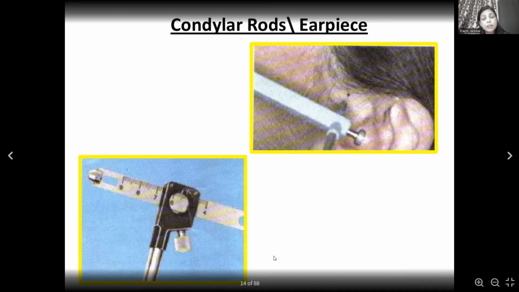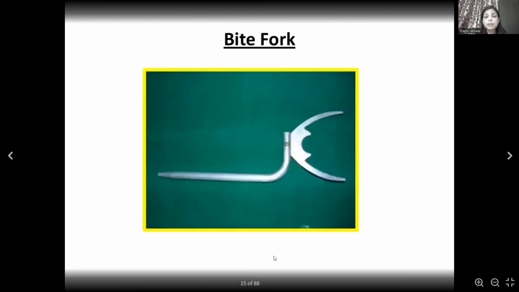We mark a point like 13 mm anterior to the anterior border of the tragus, and we fix the condylar shaft on this point so that it acts as a posterior reference point. In earpiece type facebows, the earpieces are inserted into the patient's external auditory meatus, so they act as posterior reference points.